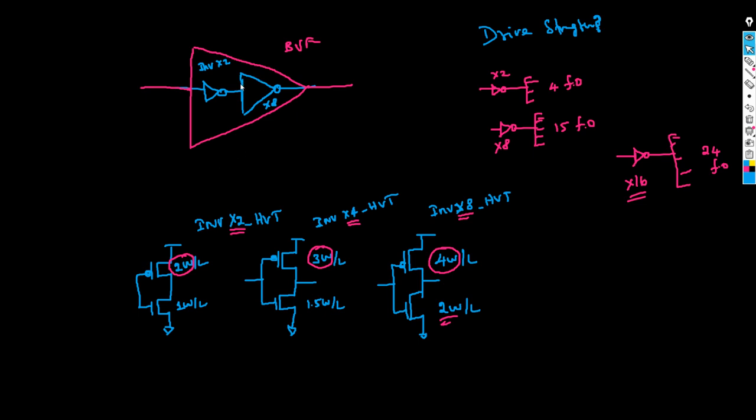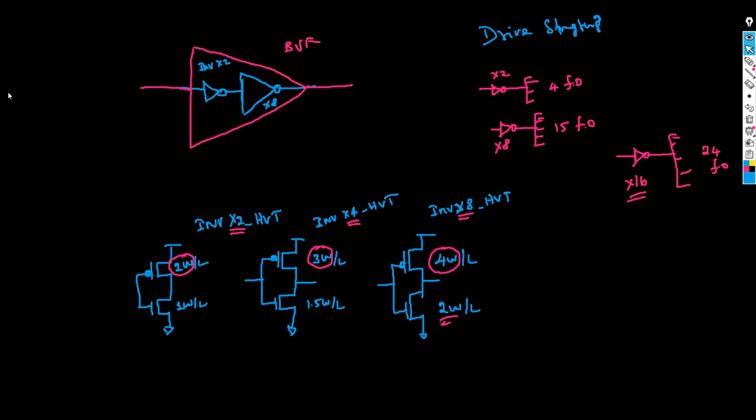No, I'm not asking what is the use of a buffer. I'm asking why are we going for two stages? Okay, the second stage is a higher drive. So the second stage will be a higher drive source, so it is actually amplifying the signal.